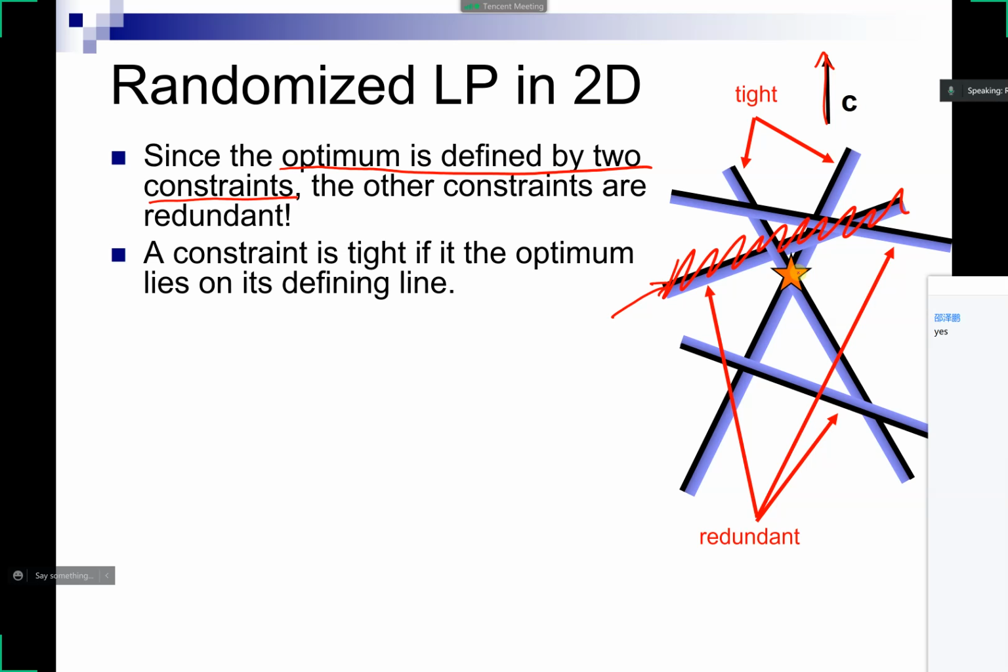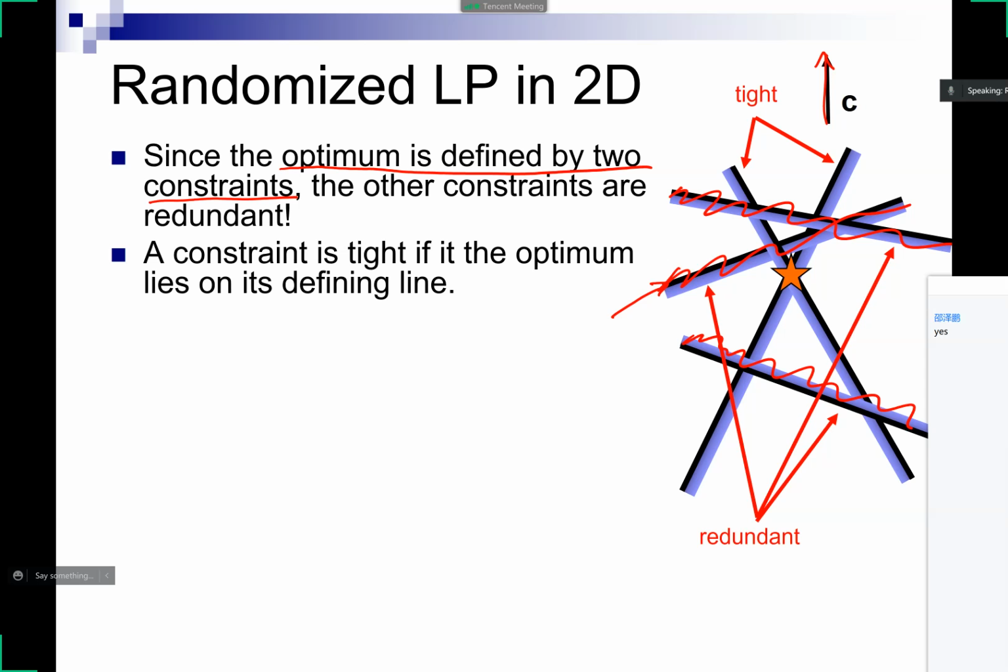The optimum would still lie at the star right here. Likewise, suppose you took out this redundant constraint. Would that change the optimum? No, it would not. The optimum would still be at the star. You can take out all of these redundant constraints at the same time, and that would not change your optimum. That's why they're redundant, because you can take them out and you don't change the problem.